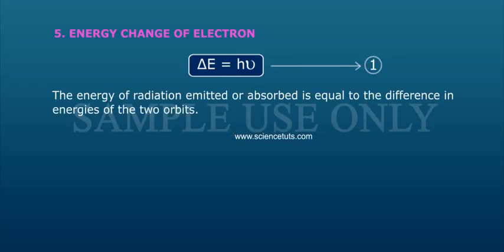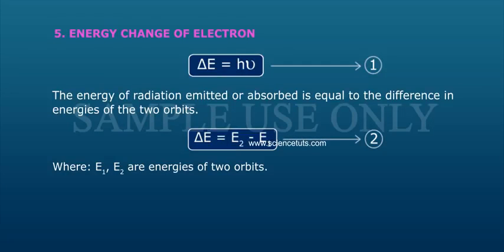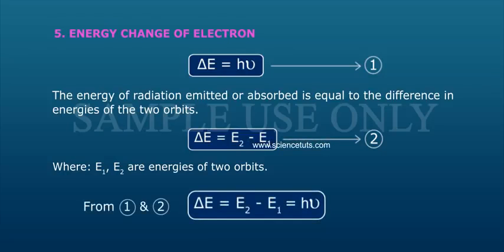The energy of radiation emitted or absorbed is equal to the difference in energies of the two orbits. Delta E is equal to E2 minus E1, equation 2, where E1, E2 are energies of two orbits. From equation 1 and 2, delta E is equal to E2 minus E1, that is equal to h nu.